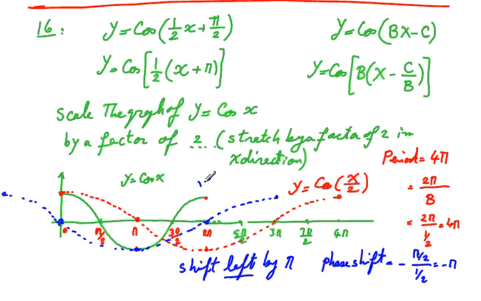So this is the graph of y equals cosine of either this style or that style, cosine of x over 2. If you had backtracked the important points, you would have found right from the start that this point is going to come here, this point is going to come here, and so on. So that was problem 16.